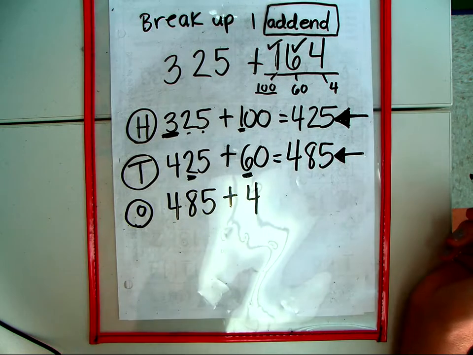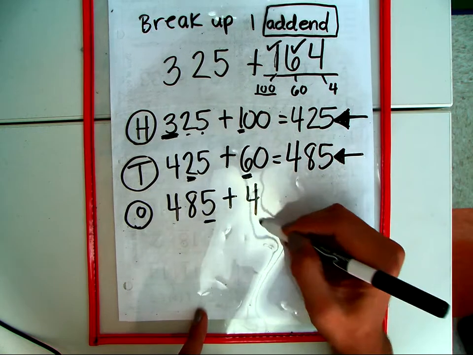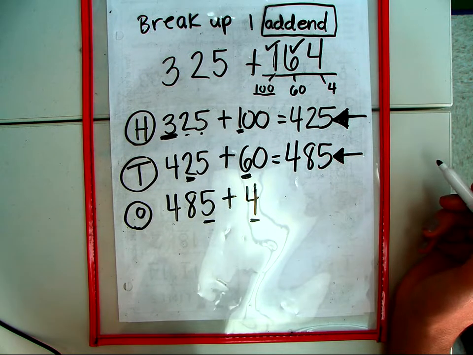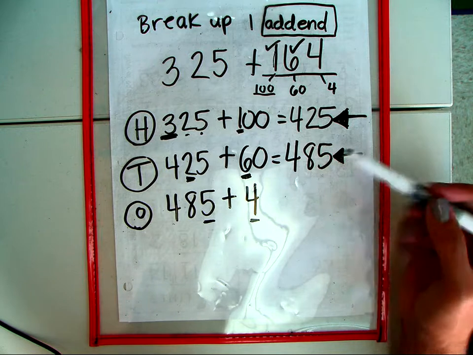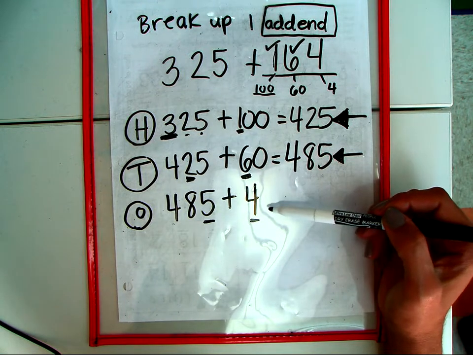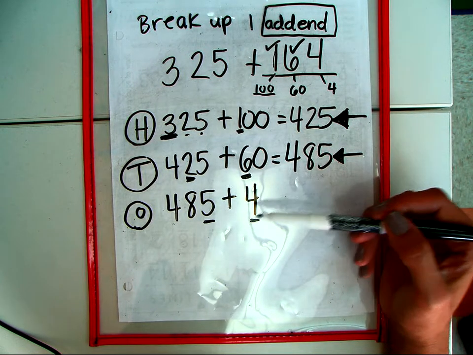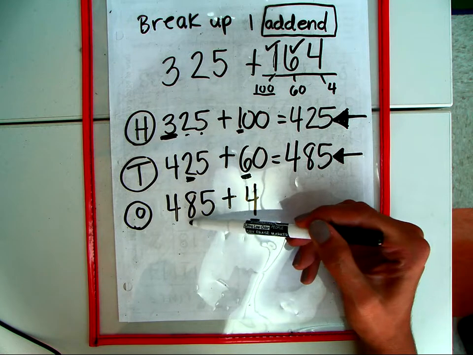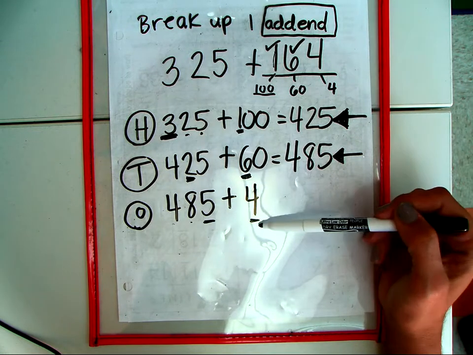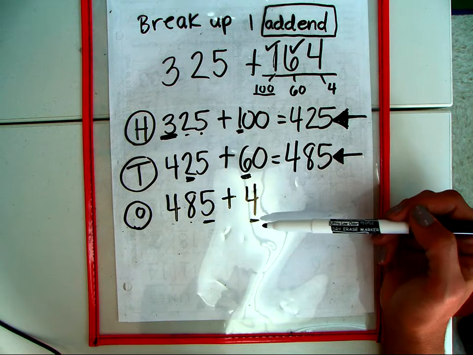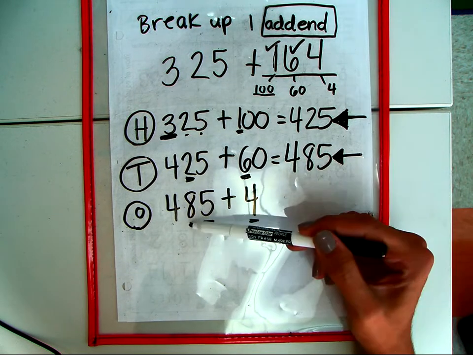Students should do the same thing here. They need to check, is there going to be any weirdness happening, because if the ones place is more than 9, they would have to do some regrouping or something else would happen. So the tens place would then change. 5 plus 4 is not more than 9. So we are not going to have to change the tens place.